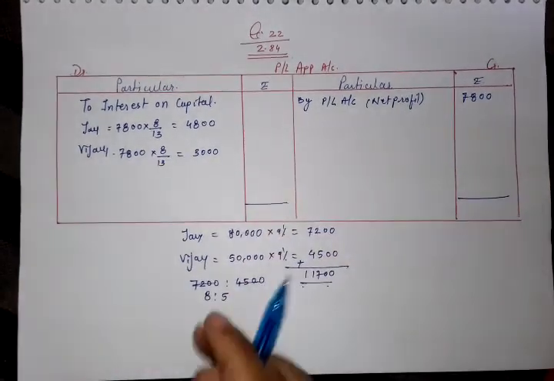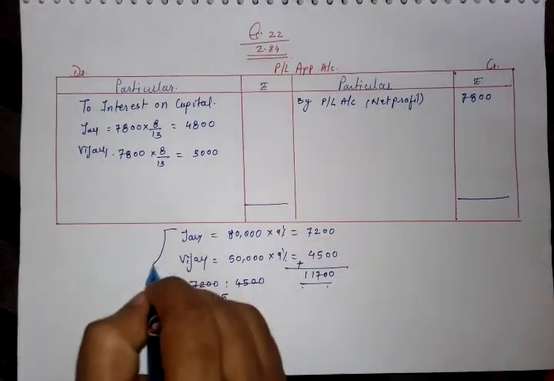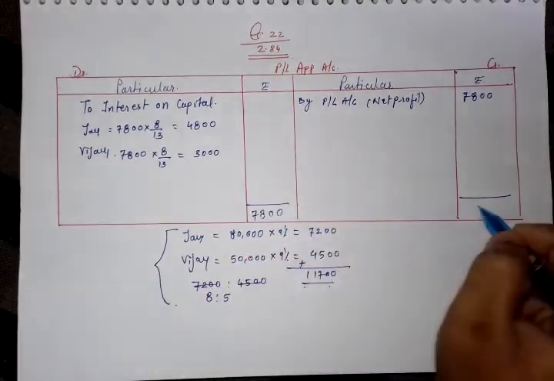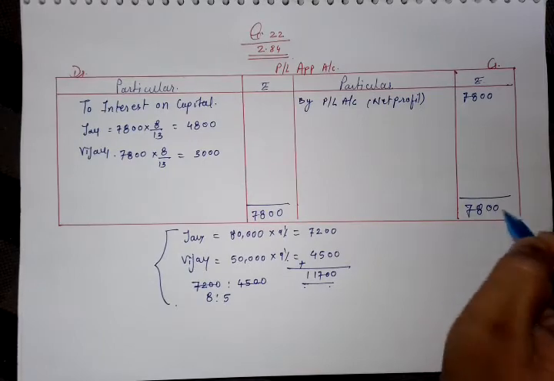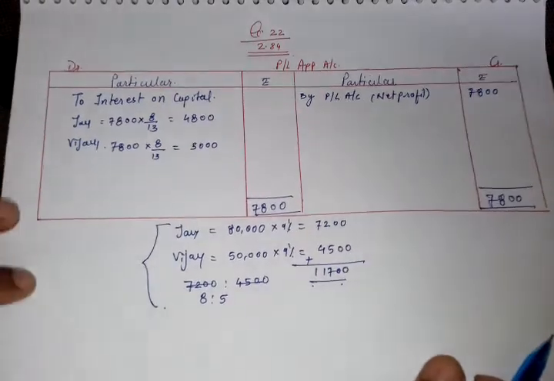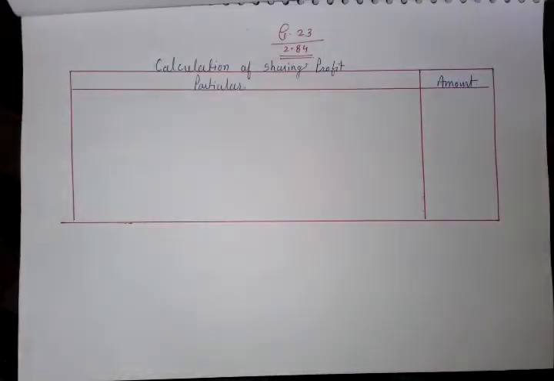So this one was a new thing in the question. 7800, okay, that is clear. Now move further.